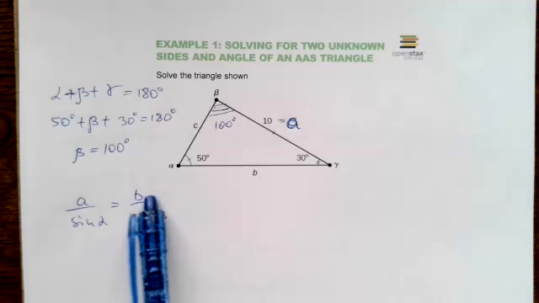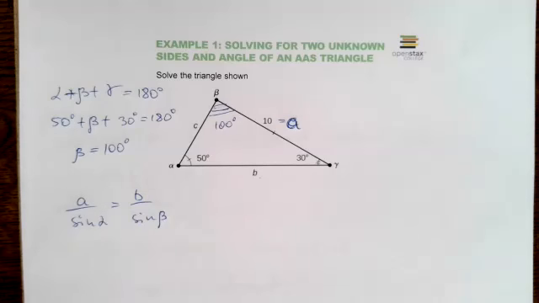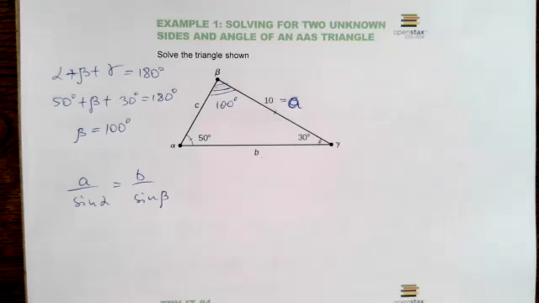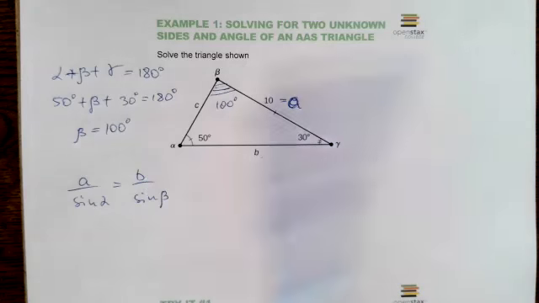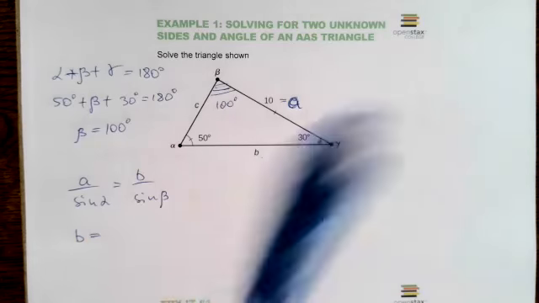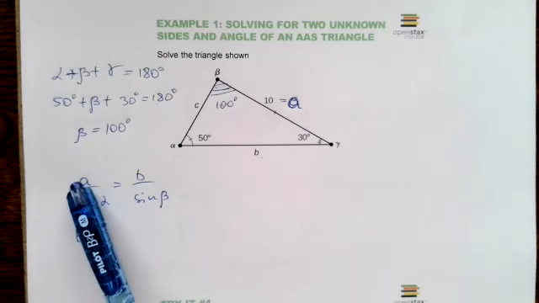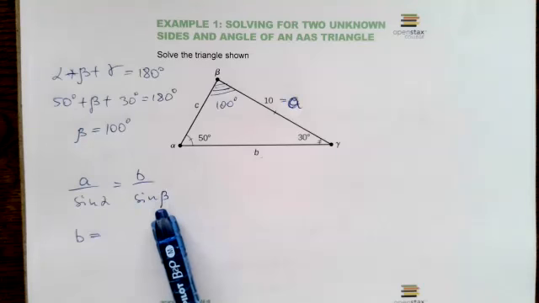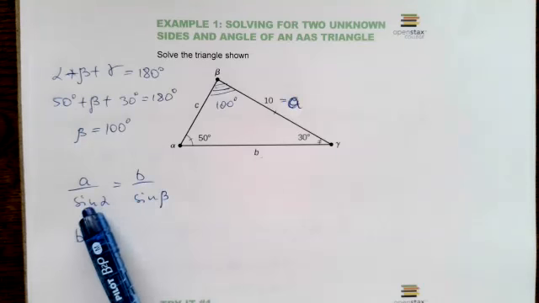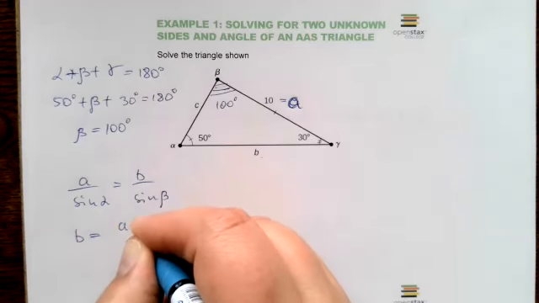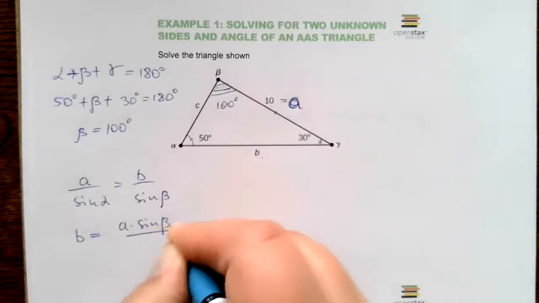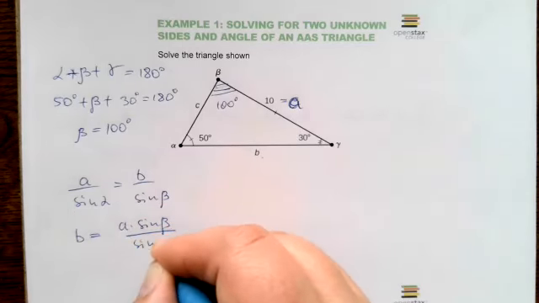And so how do I solve for B? Well, we could solve now, or we could plug in the values first and solve later. It doesn't matter. But if you remember how to solve ratios, you will know that B equals the product of these two across divided by the value that's opposite of B. So we're going to have A times sine beta divided by sine alpha.